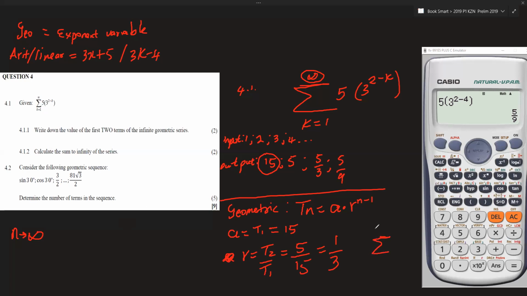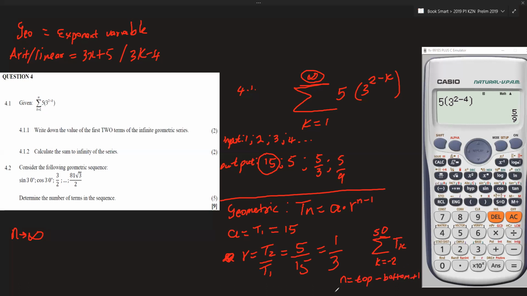Let's say I had 50 here, and here I have k equals negative 2, and then the formula. The n is always the top number minus the bottom number, plus 1. Write this down somewhere.